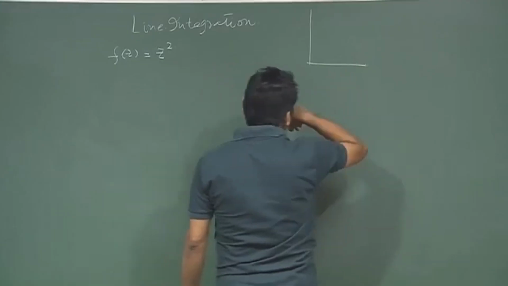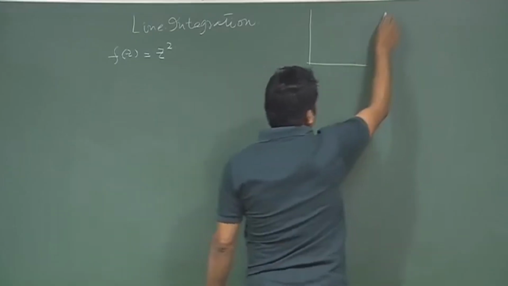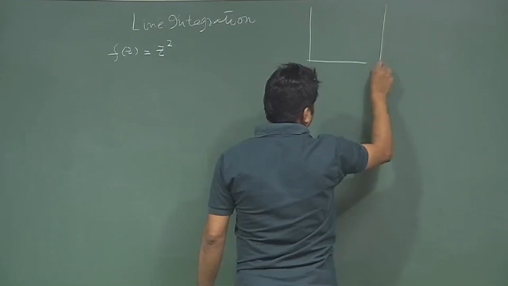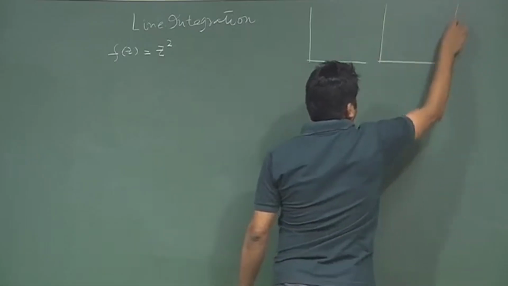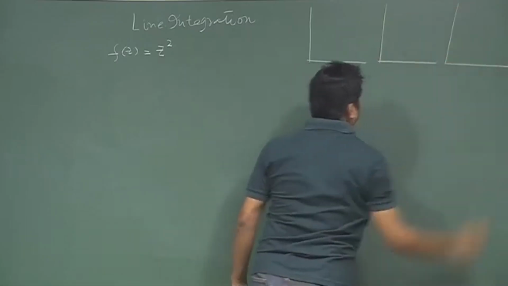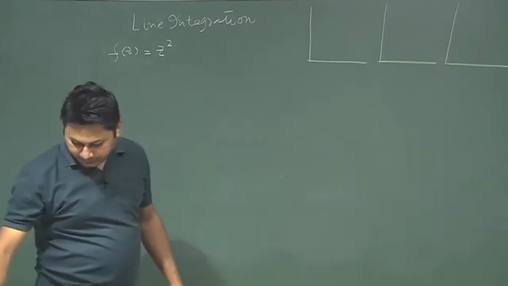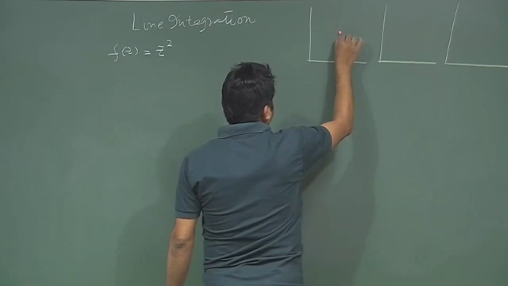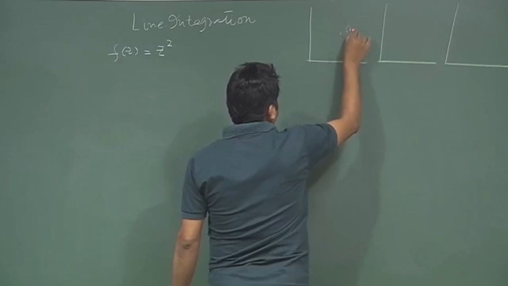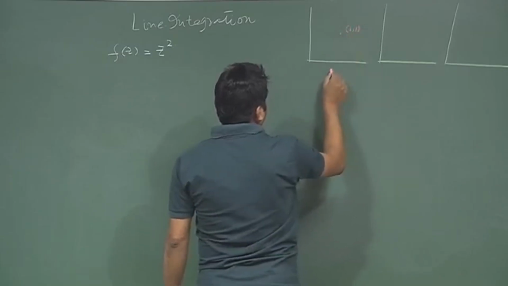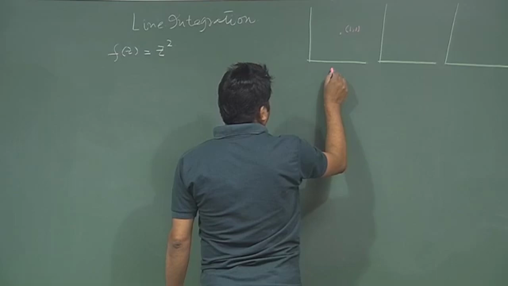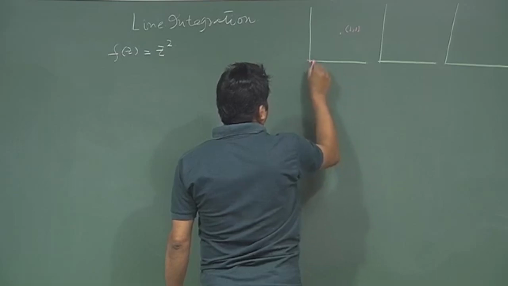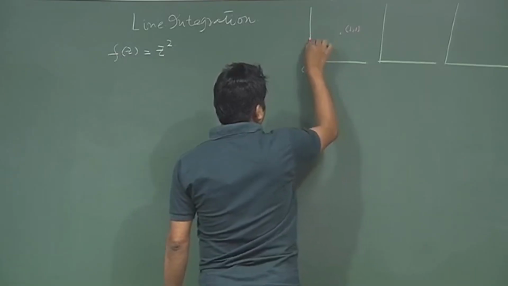One path is I need to go to this point 1, 1. One path is from 0, 0 I need to go. One path is this.